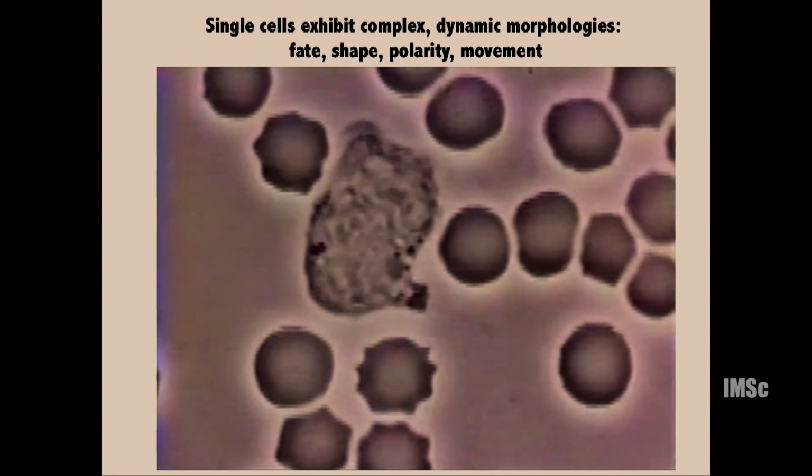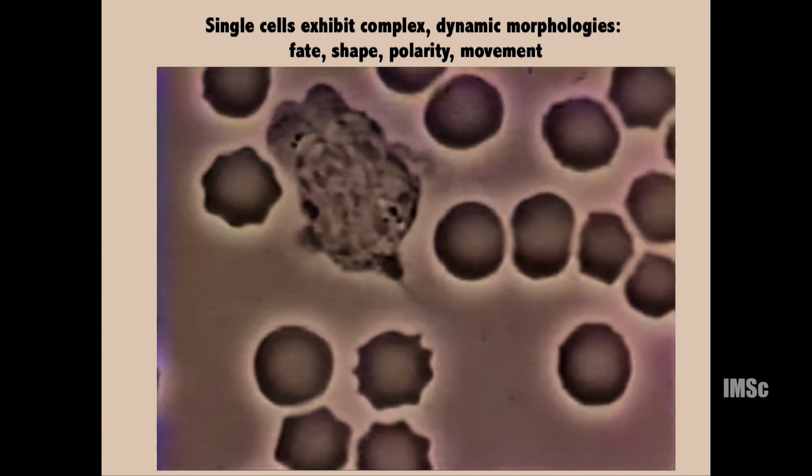And in so doing, you'll have seen that it changed its shape dynamically, in a way that its membrane protrudes in the direction of the bacterium, and then the membrane deforms again so that the bacterium is actually taken in, right? So what's happened to this single cell? Of course, it is a neutrophil.